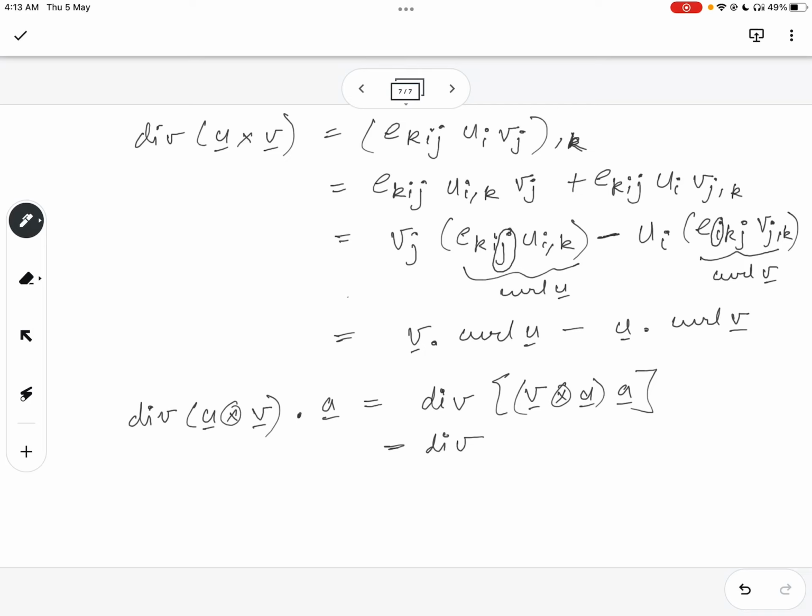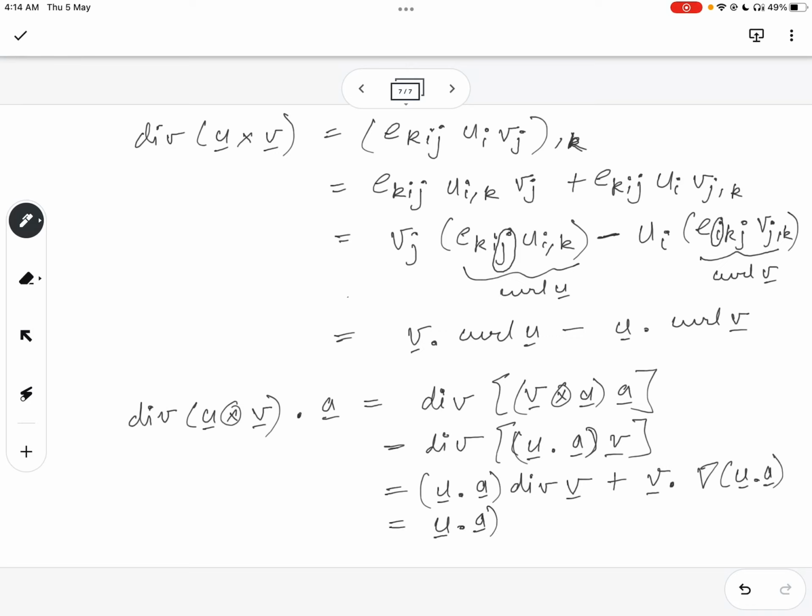This is divergence of (U dot A) V. This is equal to, it can be shown using indicial notation easily, that this is nothing but U dot A divergence V plus V dotted with gradient of this dot product U dot A. So this becomes U dot A divergence V plus V dot, this A is a constant vector.